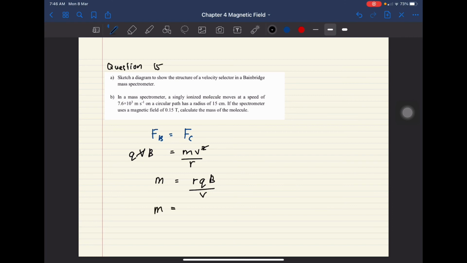The radius is given 0.15. The charge here is actually dependent on the term here, singly ionized molecule. Singly ionized molecule could be -1 or +1, but the charge is 1 charge, which is 1 e. So I'm going to write just 1.6 times 10 to the negative 19. Magnetic field is equal to 0.15, and my velocity is actually equal to 7.6.